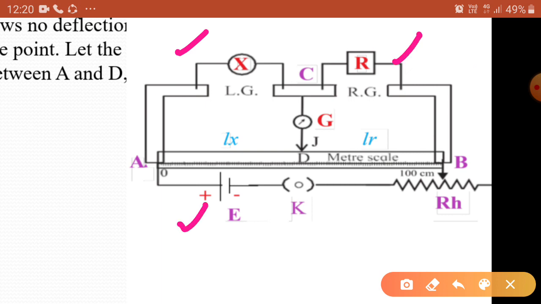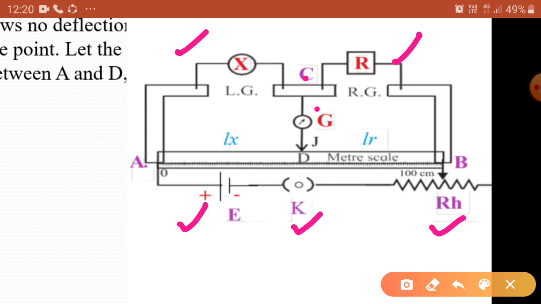A cell of EMF E, plug key and rheostat are in series with the wire AB. One terminal of the galvanometer is connected to the junction C and the point D. The other terminal of the galvanometer is connected to the jockey, which is also known as the sliding key.